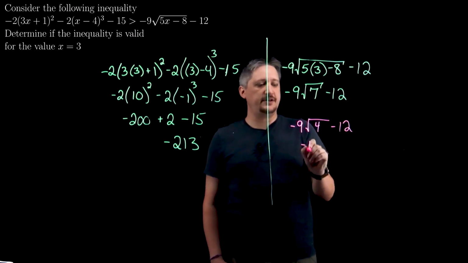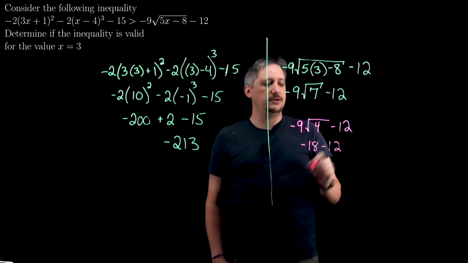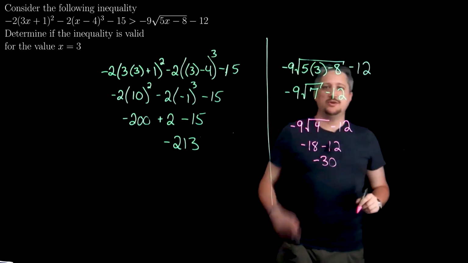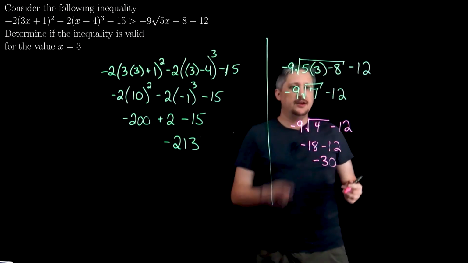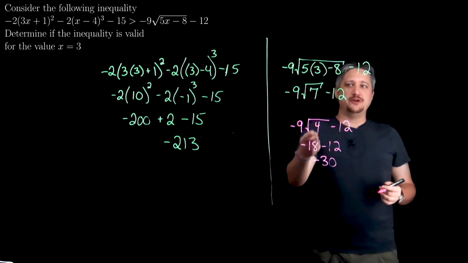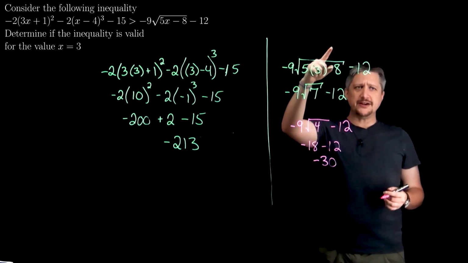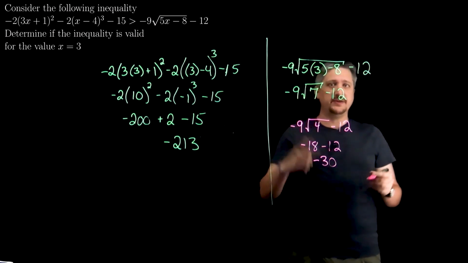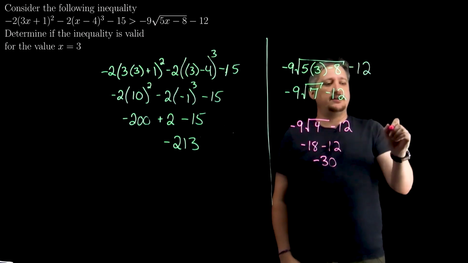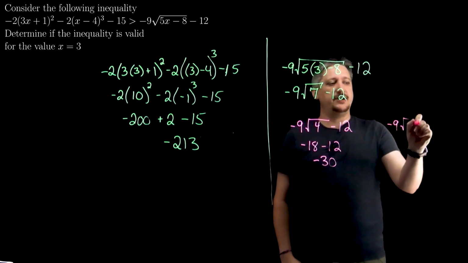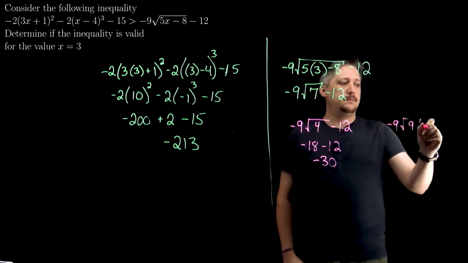So this would be -18 minus 12, which would be -30, right? If that were a 4, which it's not. So that was the next one down that was a nice perfect square that I could do. But I could go up too to the next perfect square, which would be 9. So then I would have -9 square root of 9 minus 12.